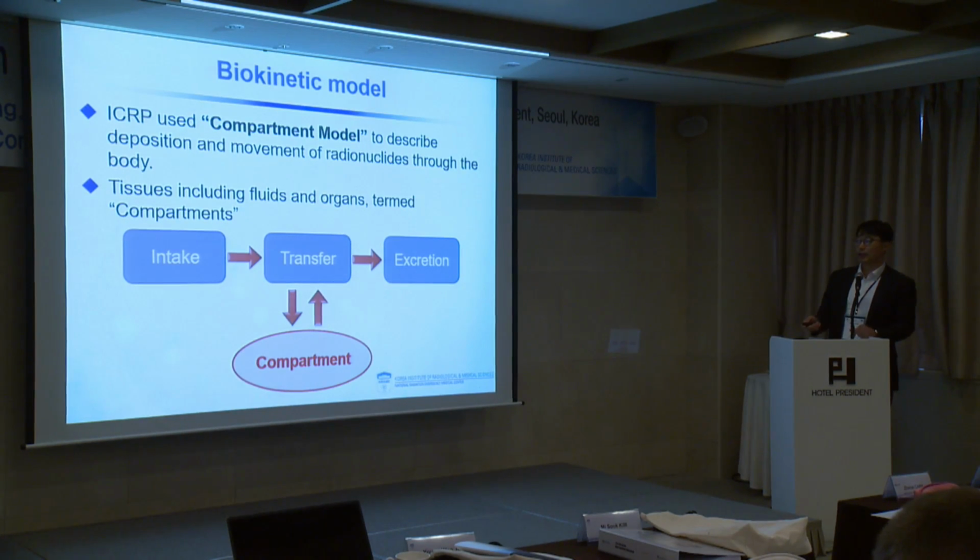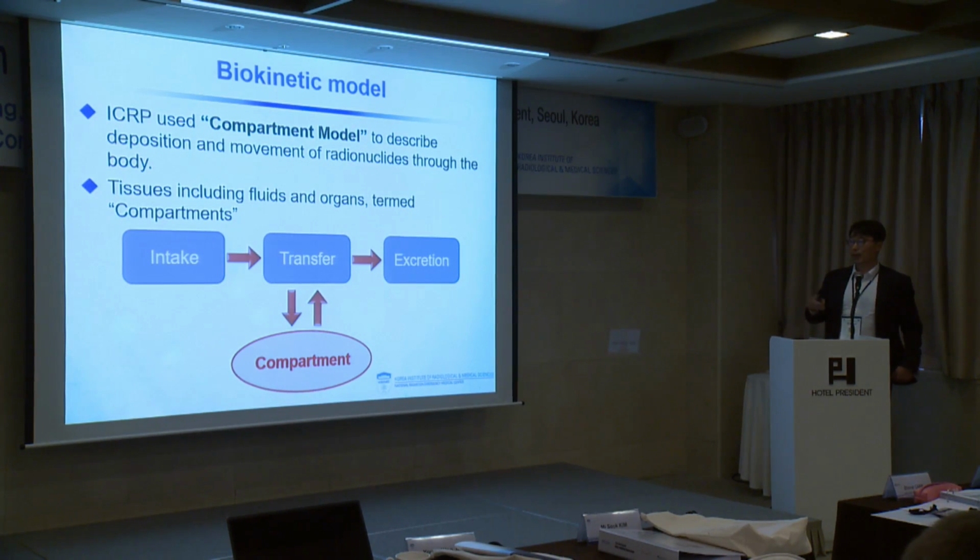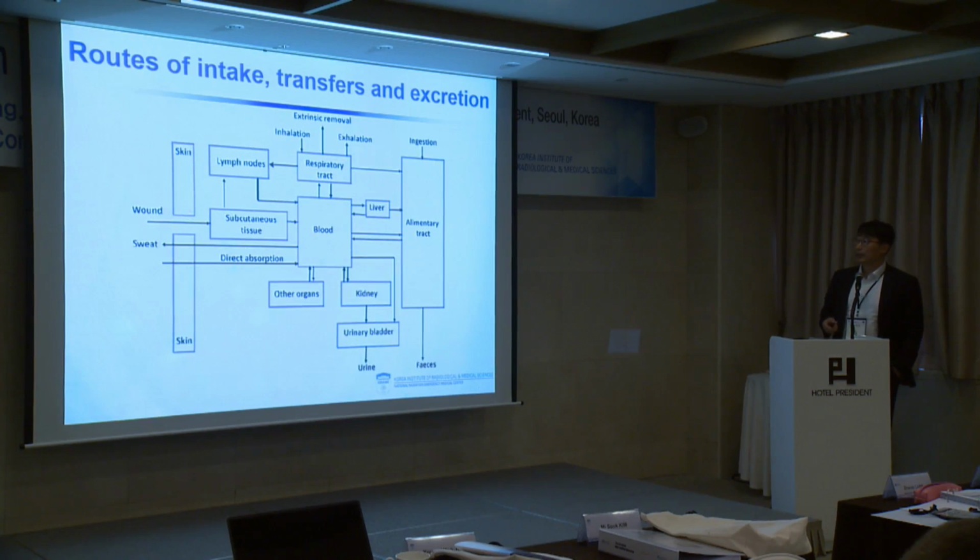So after the intake of radionuclides, the transfer of the radionuclides, which is described using the compartment model, describes the behavior of the radionuclides. And lastly, by the transfer of the radionuclides, these radionuclides will be removed by the excretion process. This is the whole route of the intake, transfer, and excretion.